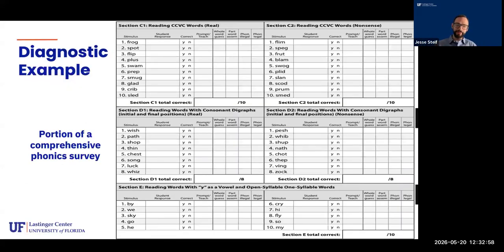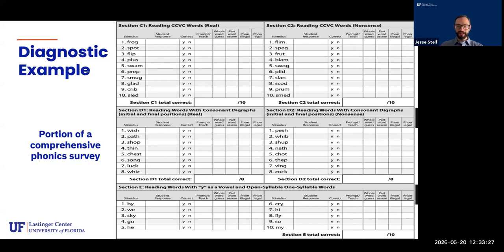So we just have an example here. This is a small portion of a comprehensive phonics survey. If you're joining us from a secondary grade, you may not be familiar with a phonics survey. This is just one small piece of a broader one. You can see that we have students read CCVC words.